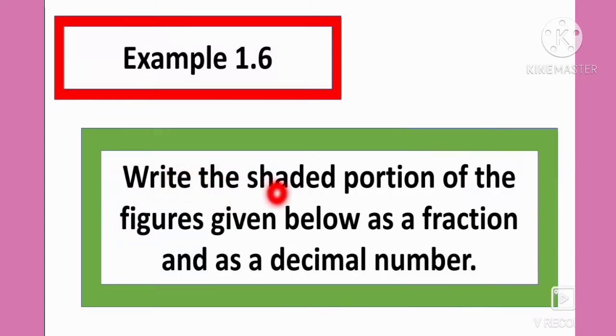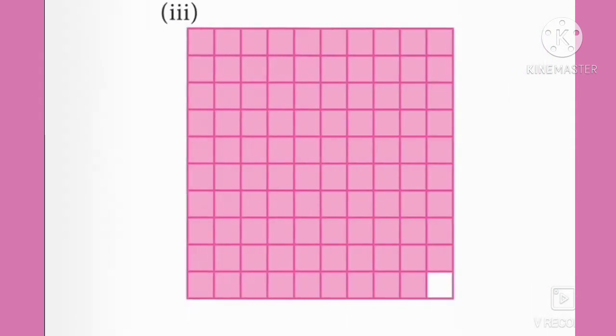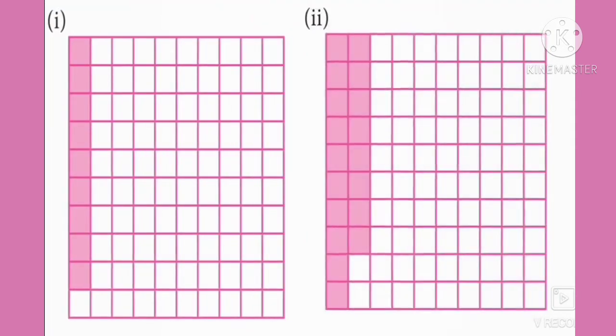Question 6. Write the shaded portion of the figures given below as a fraction and as a decimal number. Students, here they have given three figures, and we have to find the shaded portion of each figure.